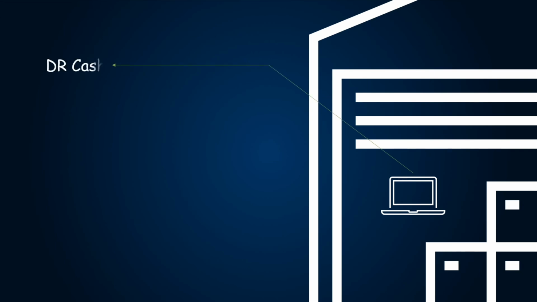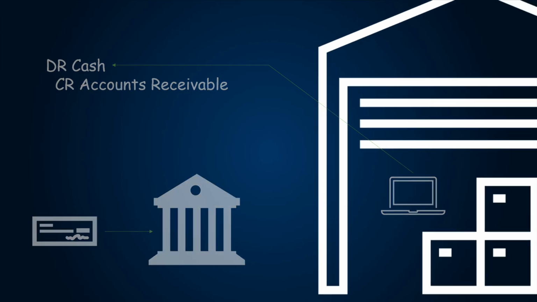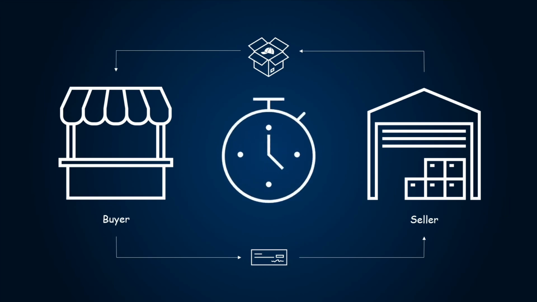So they will debit cash and credit accounts receivable. But there's still more to happen to that check. It has to physically go from the seller's premises to the bank. And so you can see, while all that is happening, different parties are recording the transactions at different times.